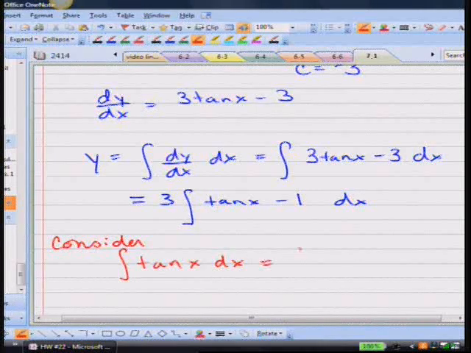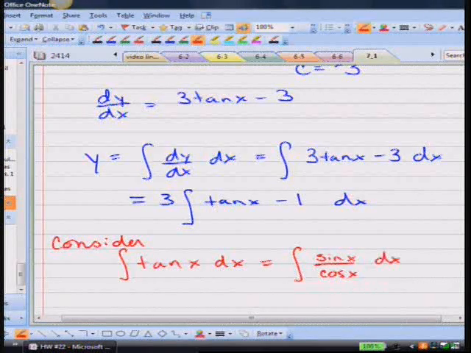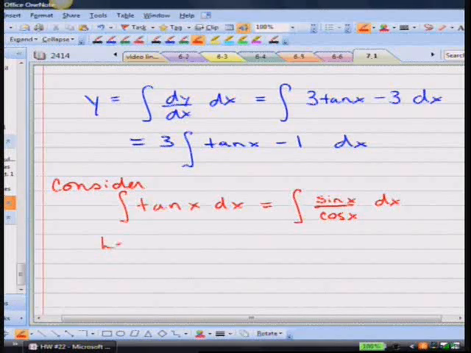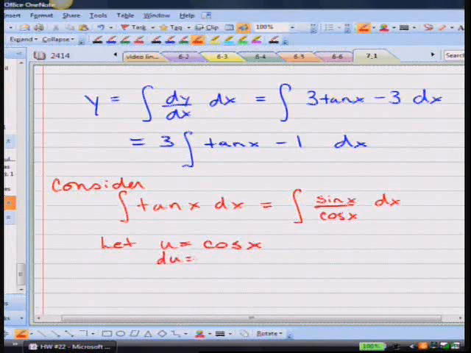What you want to do is think of tangent as sine over cosine. And then you want your u substitution to be cosine x. Then du is what? Negative sine x dx, right?